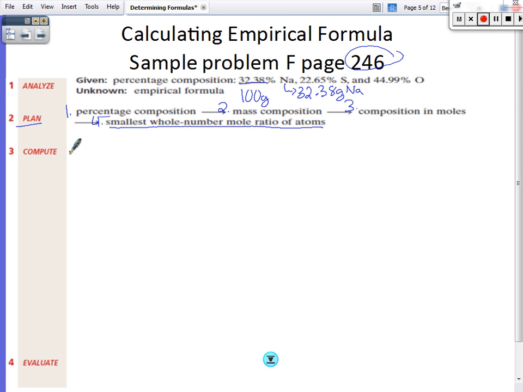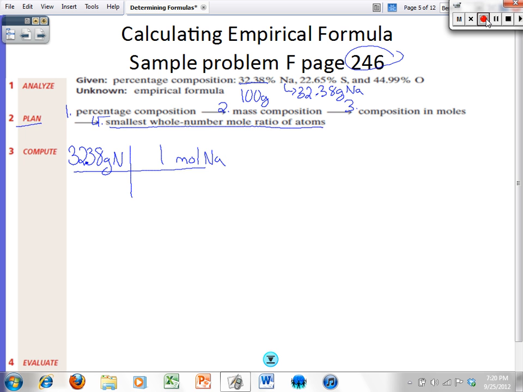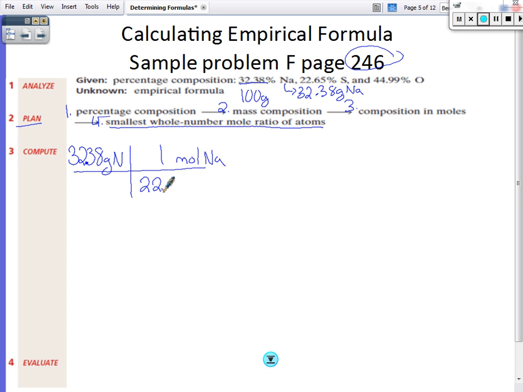So I start with my 32.38 grams sodium, and I go ahead and hop on the periodic table and I say 1 mole of sodium is equal to 22.99 grams sodium.